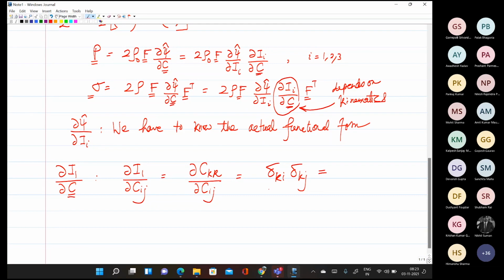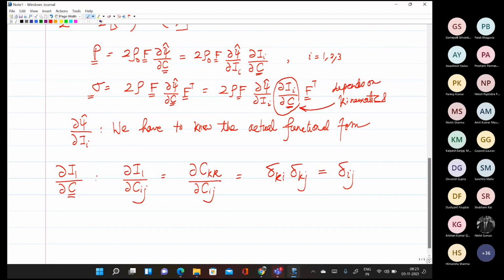But it turns out this is what it will be, even for symmetric C. Now this is same as delta ij, isn't it? Summation over K, so K can be replaced with any of the two, i or j, and you get delta ij.